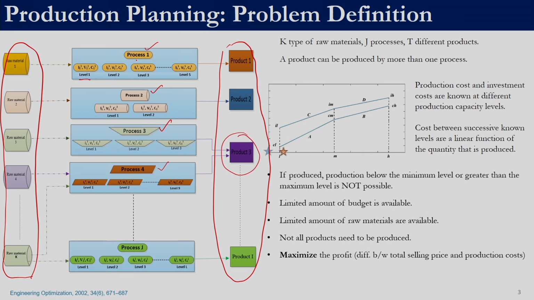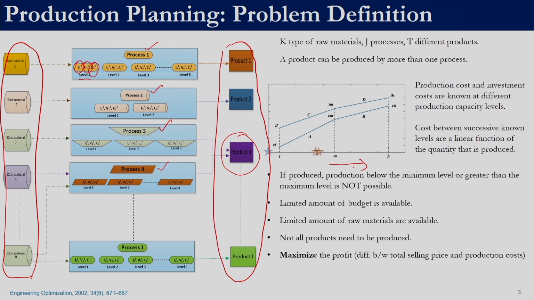For each of these processes, we know the production cost and investment cost for a specified level. For example, if we produce L11, the investment cost is V11 and the production cost is C11. Similarly, we have different levels at which we know the production and investment cost.